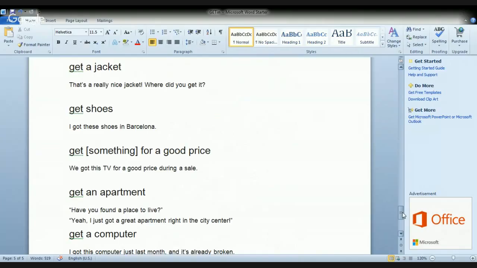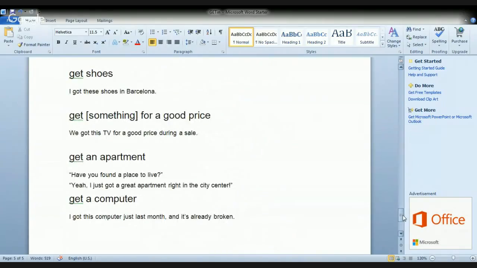To buy some shoes in Barcelona, you have to have a lot of money, or not? Well, it depends, because I live in Spain, so it's easy for me to go to Barcelona if needed. But yeah, it might be a little bit more expensive.